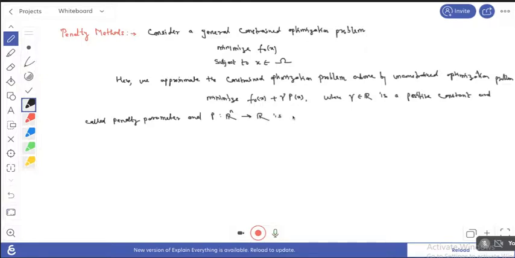This is a given function, and that function is called the penalty function. What is a penalty function?